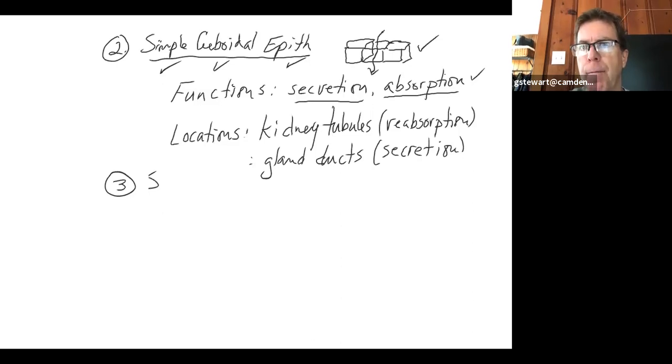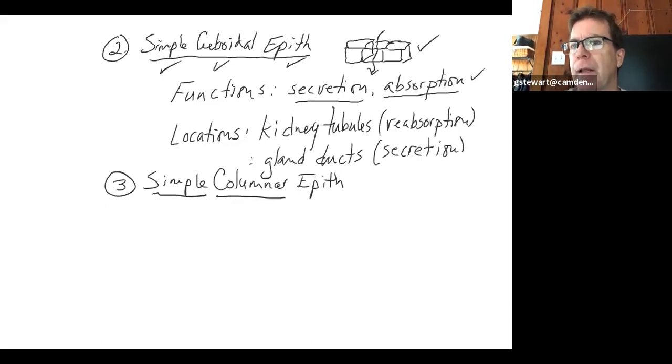Simple columnar epithelium. The name tells us what it is, a single layer of tall column-shaped cells that covers or lines a surface. I'm just going to give you classic locations. The functions of this is absorption.